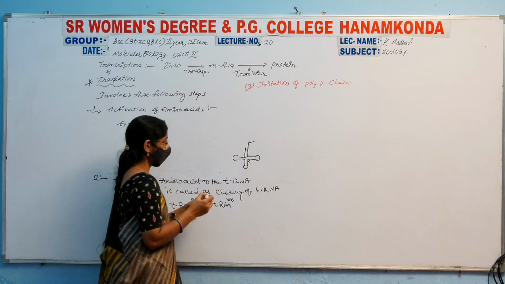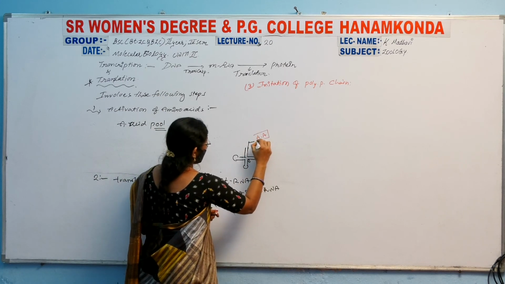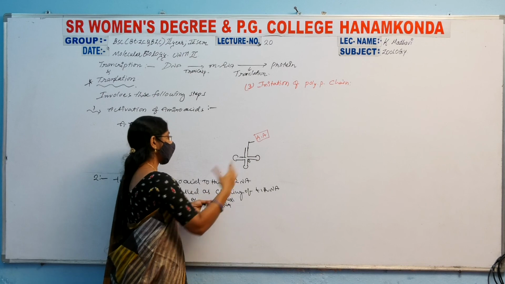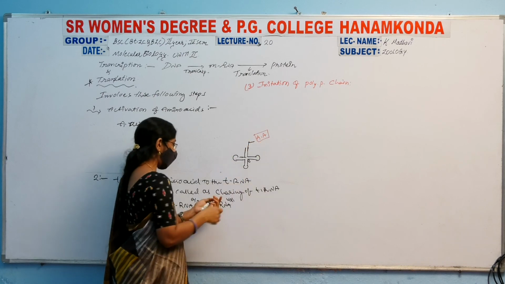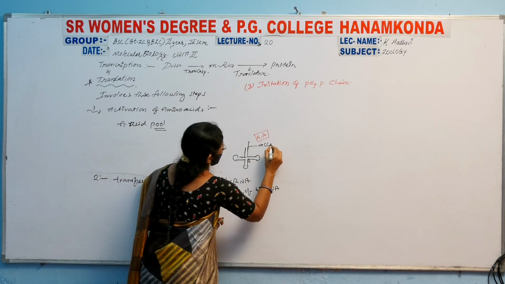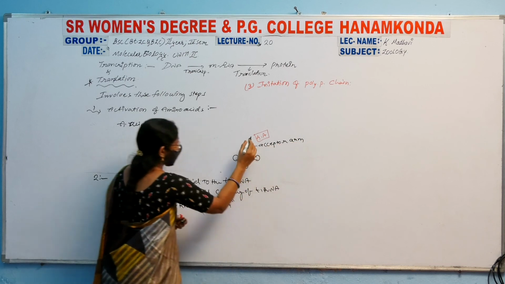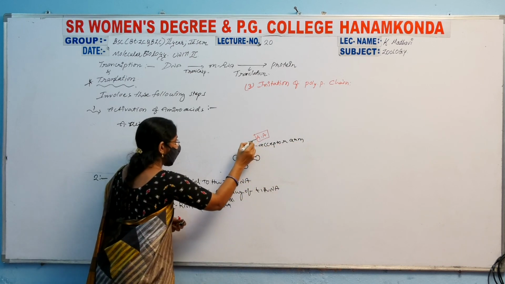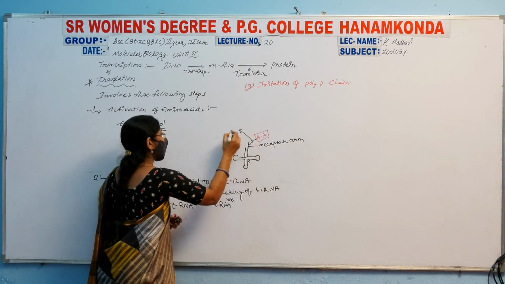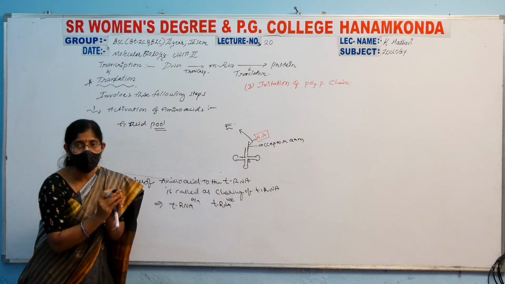For example, this specific amino acid comes and attaches to this acceptor arm with the help of the enzyme, and now it forms a complex.